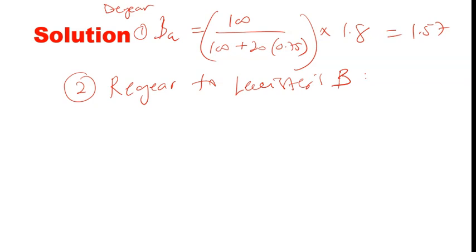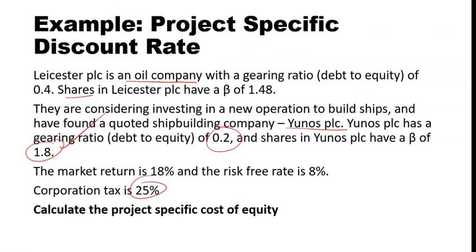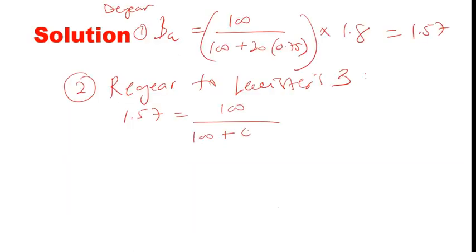So we know that the beta asset now, remember, we are still using the beta asset formula, but we now want to determine the beta equity. The beta asset, we calculated it above, that's 1.57, is equal to 100 over 100 plus, now remember the ratio of Lister is 0.4 debt, so debt is 40.